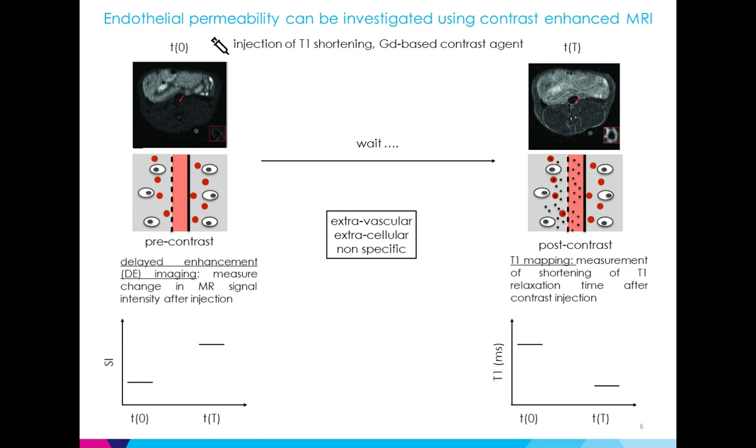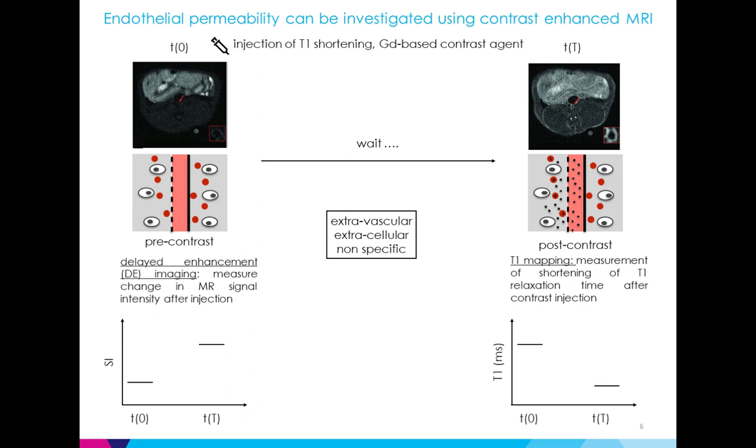In our case, this entails the injection of T1 shortening gadolinium-based contrast agents. One possible strategy for quantifying endothelial permeability is the one that I show here in this slide.